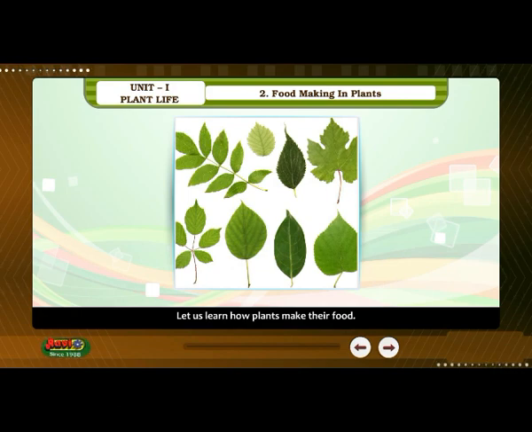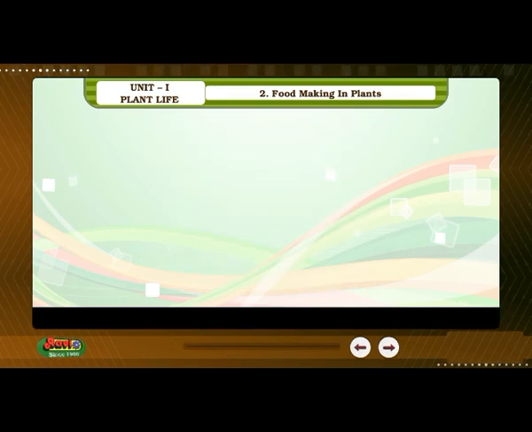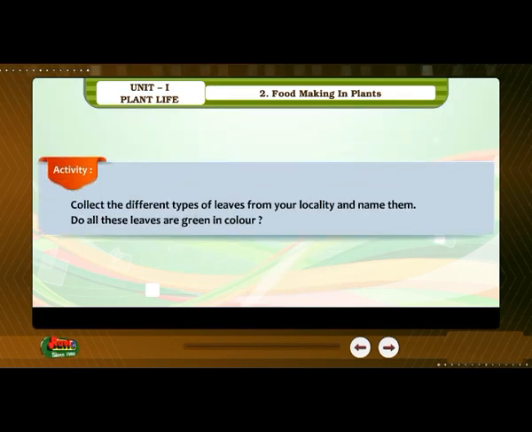Let us learn how plants make their food. Activity. Collect the different types of leaves from your locality and name them. Are all these leaves green in color?